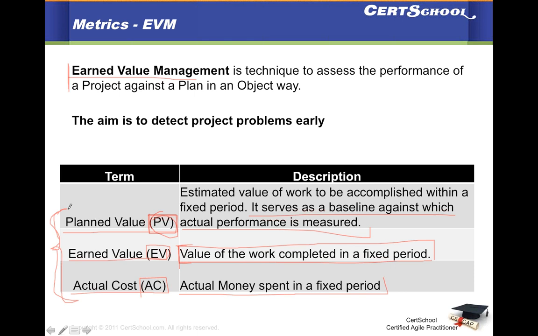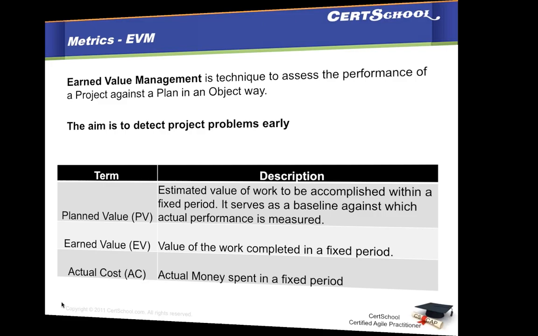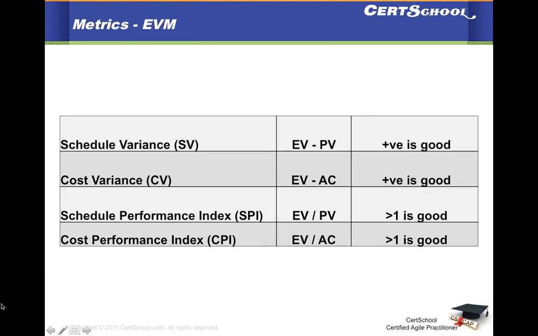Now that you have these 3 terms, how are you going to use them in an objective way? Here's how. There are these four variances and indices: 2 variances and 2 indices. The variance, as we all know, always uses subtraction.